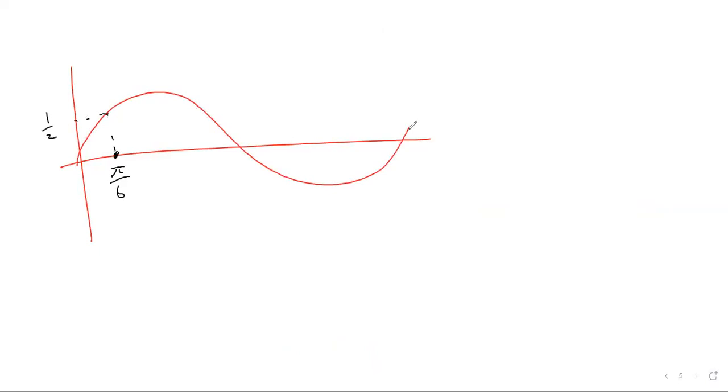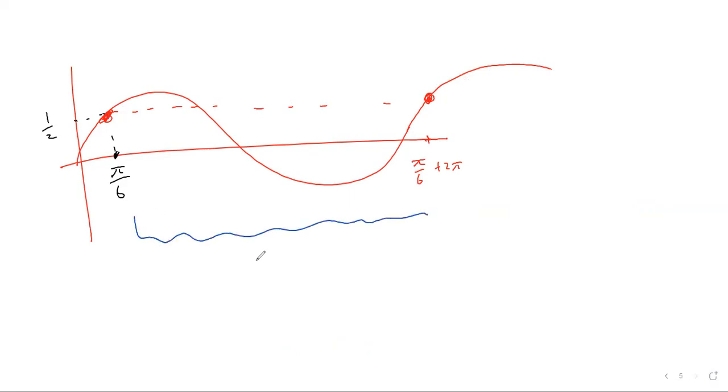What that means is that if you add on 2 pi radians, this is going to be pi over 6 plus 2 pi radians, and that gives you exactly the same value as this value here. So basically the sine graph repeats itself every 2 pi radians. So again, your period is going to be 2 pi.